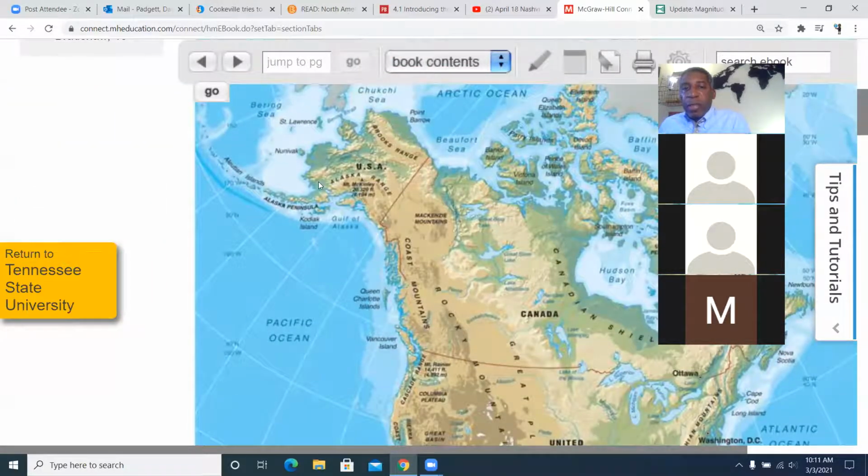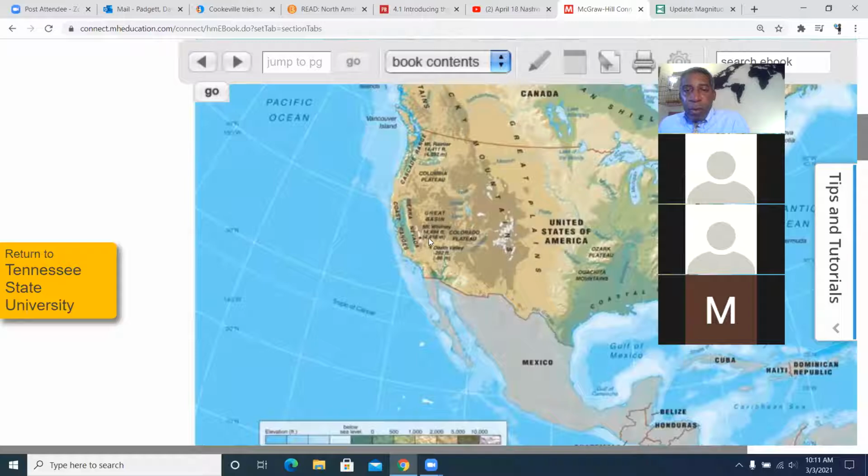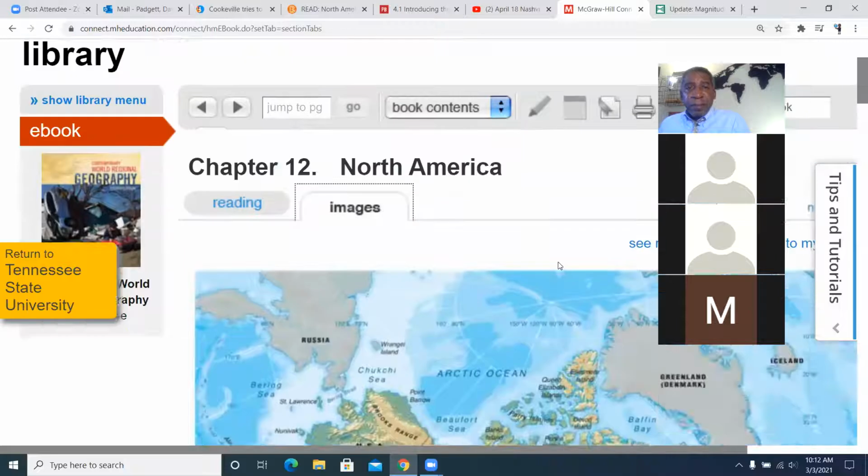So not only the ranges, but here's Mount McKinley, the highest point in North America. Mount Whitney is the highest point in the United States. And then of course you have Mount Rainier, which is another high point. The lowest point in North America here is Death Valley at 282 feet below sea level. Death Valley is on the border between California and Nevada. So be aware of that also.